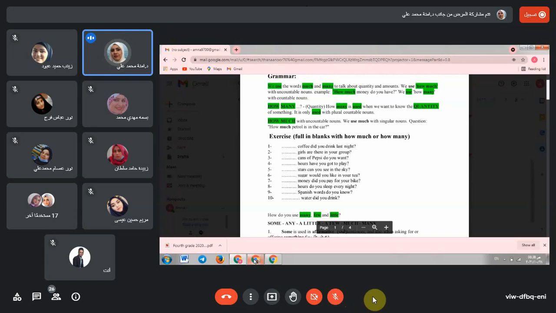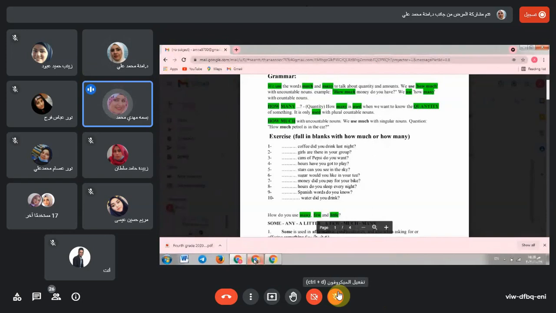So it's how much. Doctor, but the singular of stars is star, and the plural is stars, so it's considered countable because we can count them. But still it's a natural phenomenon and we are unable to count them. Can you count them? No, doctor, of course not. So still, because we are unable to count them, we have to use how much.